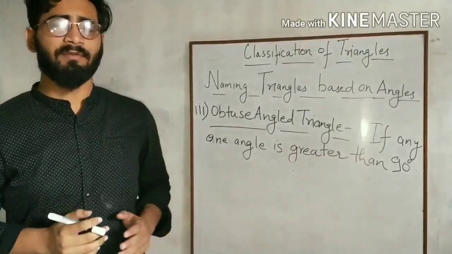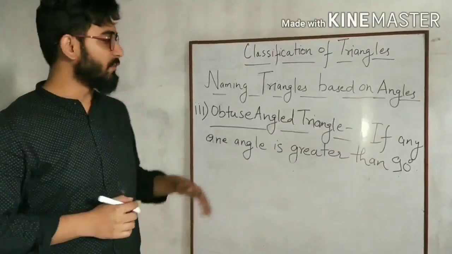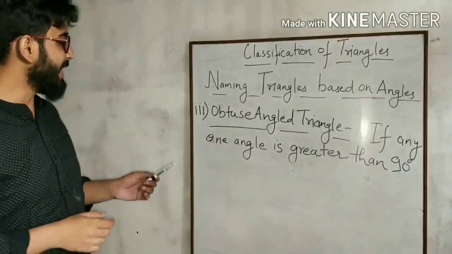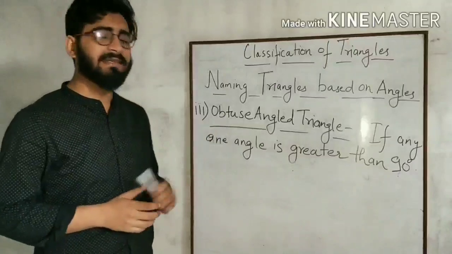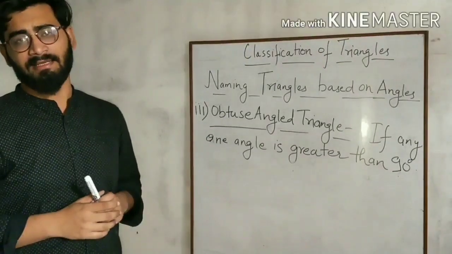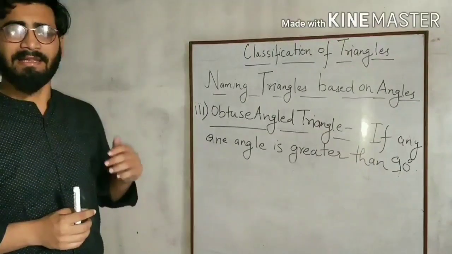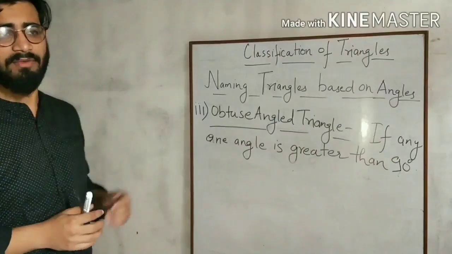Now the third type of triangle based on angle is the obtuse angle triangle. So what is an obtuse angle triangle? If any one angle of the triangle is greater than 90 degrees, then the triangle is an obtuse angle triangle.